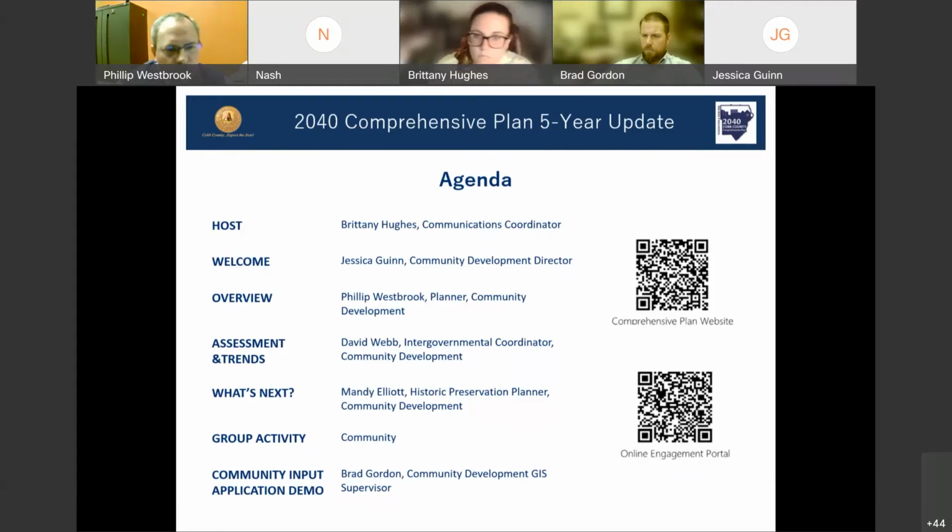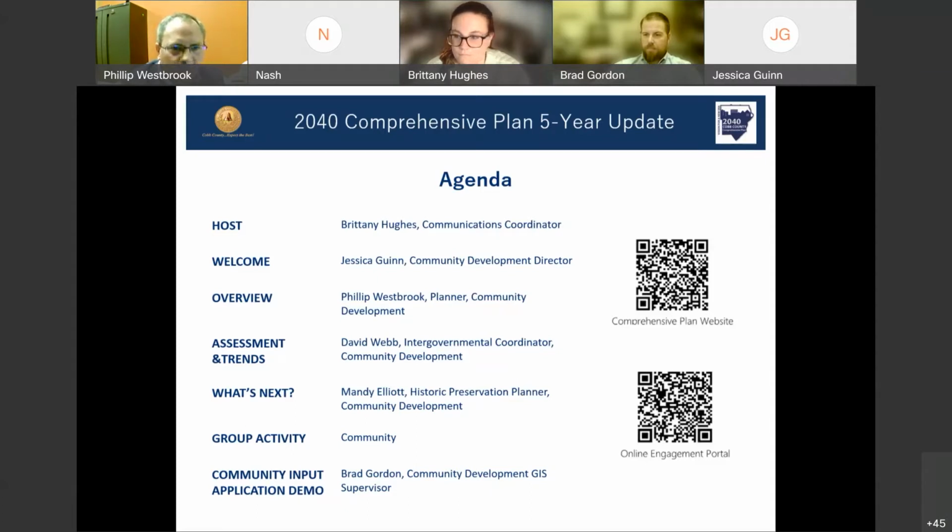As we go through the slides, I will let you know when you can interact with those polls. Toward the end, we'll have a group activity where everyone will be involved to provide more open-ended answers to questions. This is a virtual meeting, and this is our first one that we've conducted in the planning division. Hopefully it goes smoothly. If we run into any technical difficulties, please bear with us.